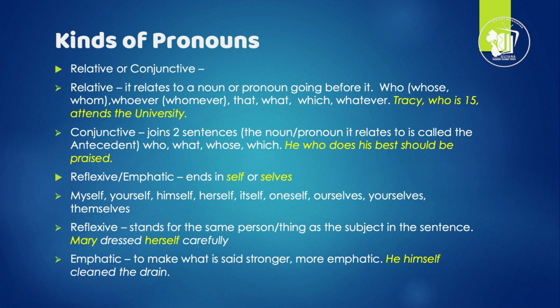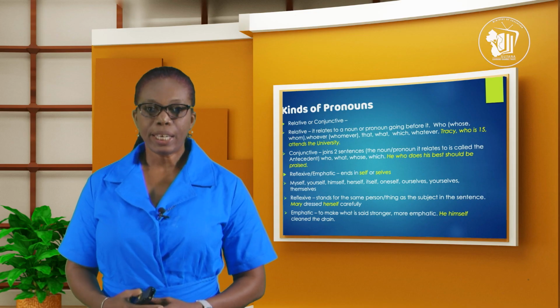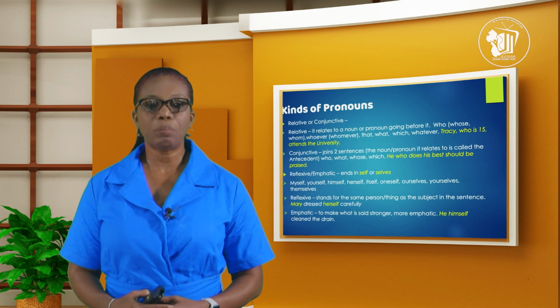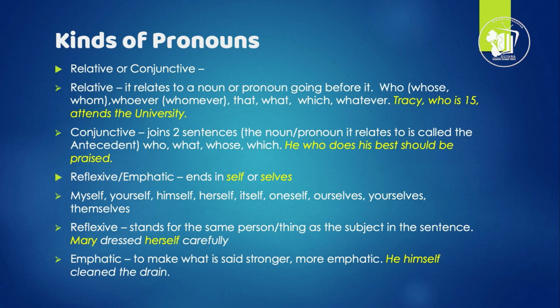The conjunctive pronoun joins two sentences. The noun or pronoun it relates to is called an antecedent. So, conjunctive pronouns are who, what, whose, and which. In a sentence, he who does his best should be praised. Another kind of pronoun is the reflective or emphatic. And reflective and emphatic pronouns end in self or selves.